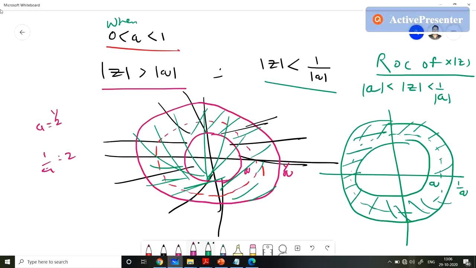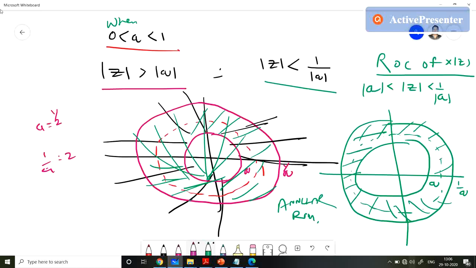So now we see that it will form a ring type structure. That ROC will form a ring type structure. So this is the ROC, an annular ring.